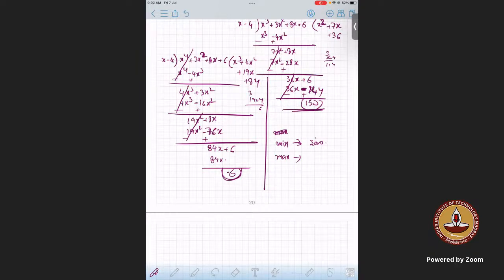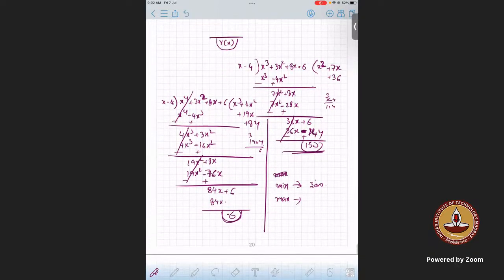Instead of x minus 4, if we put just 4, the remainder will be the highest power of this. The maximum power of x will be 4 then, the degree of P of x.